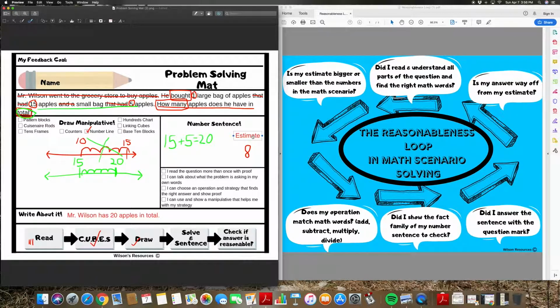This is exactly why it's so important that after we've sort of done that bit of process, to stop and take a look at this reasonableness loop to really check to make sure that I have full understanding, I've got the right operation, I can even show the number sentence and the reverse that matches my estimate. That is one of the most key things to solving math scenarios. So we go down here, we have solved and given a sentence, and yes, we have definitely checked to make sure that this is a reasonable answer.